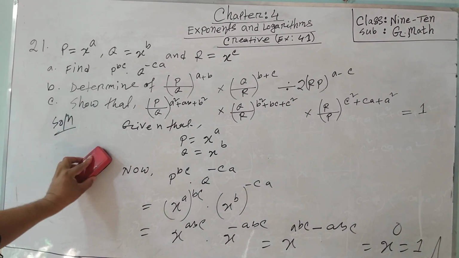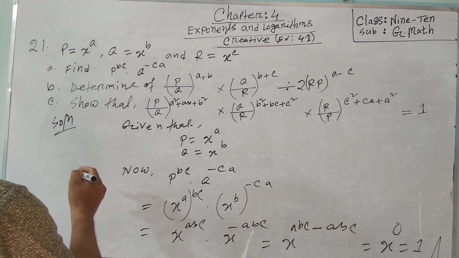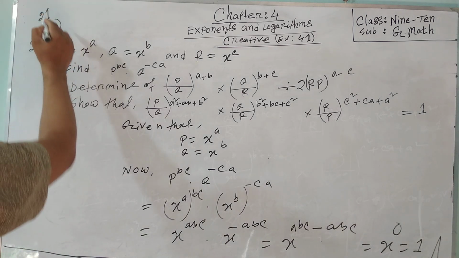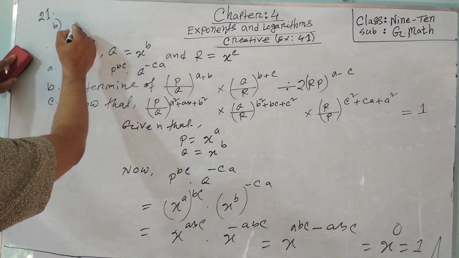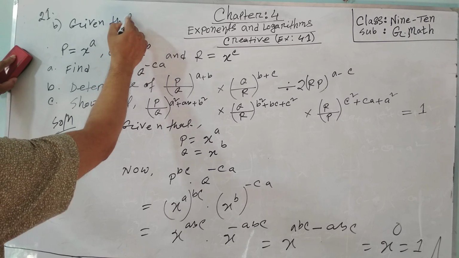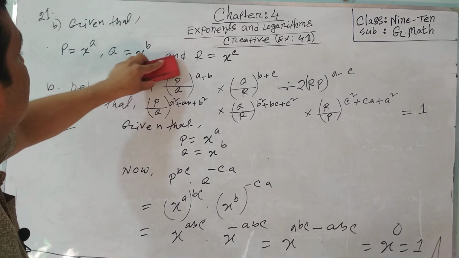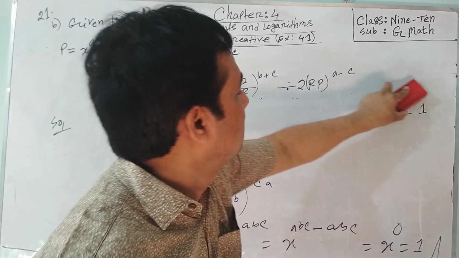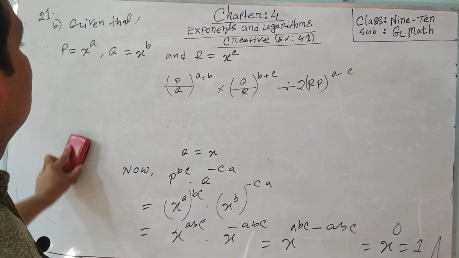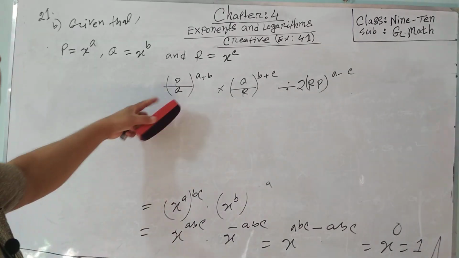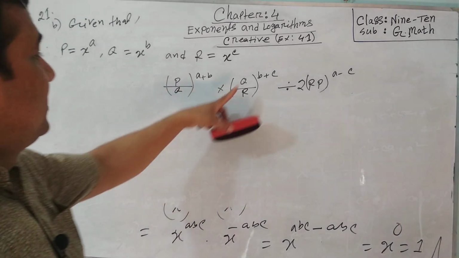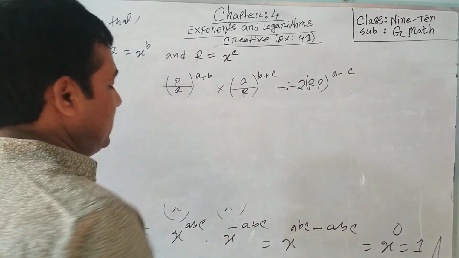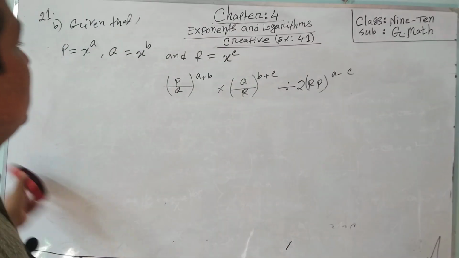Next, b. 21b. Given that, we have to find the value of p divided by q to the power a plus b, q divided by r to the power b plus c, division 2 into r divided by p to the power a minus c.